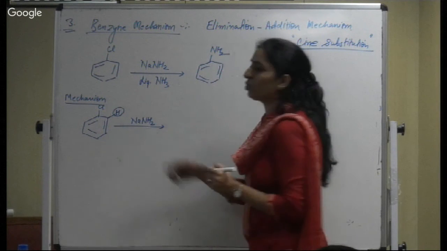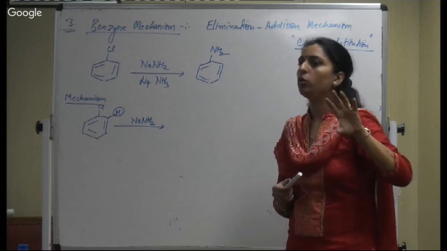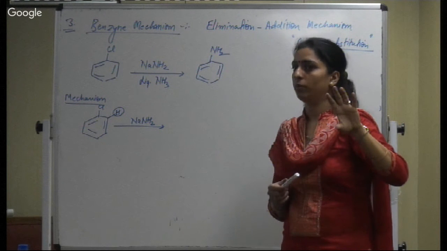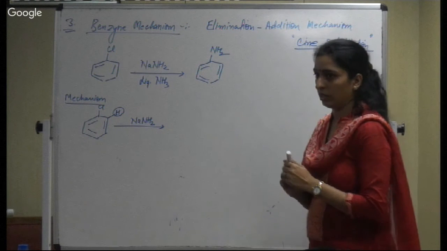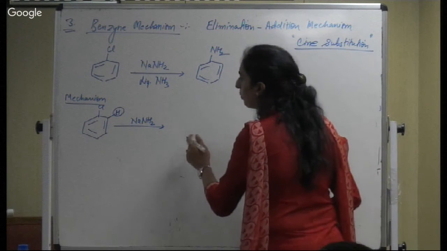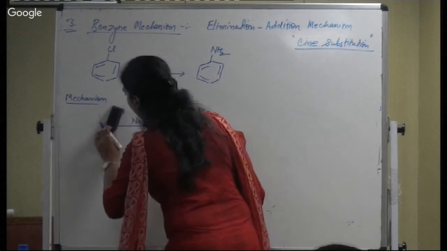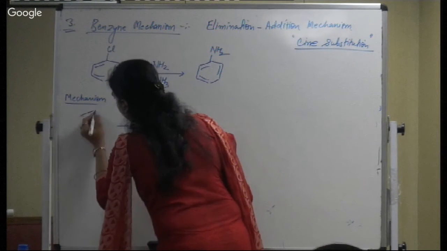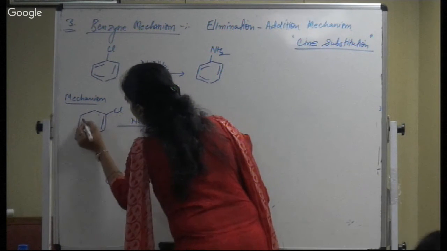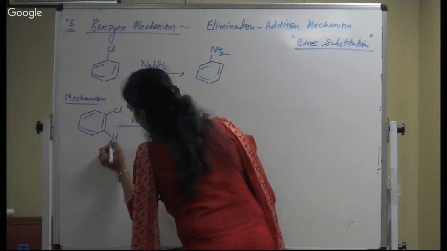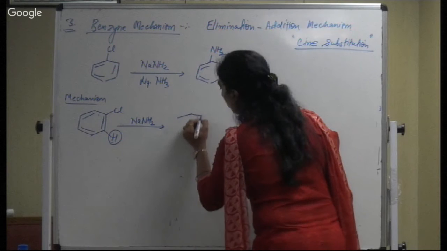But in the presence of such a strong base, the hydrogen ortho to the chloro group is abstracted by that base, in the form of H plus. Can I write it again? Because I want to write somewhere else. It is mandatory that hydrogen should be present at the ortho position only.